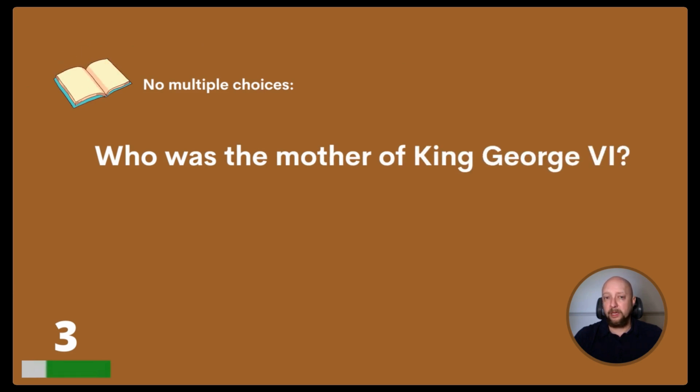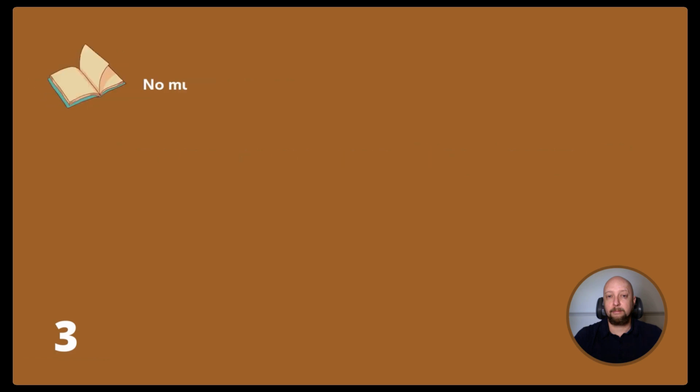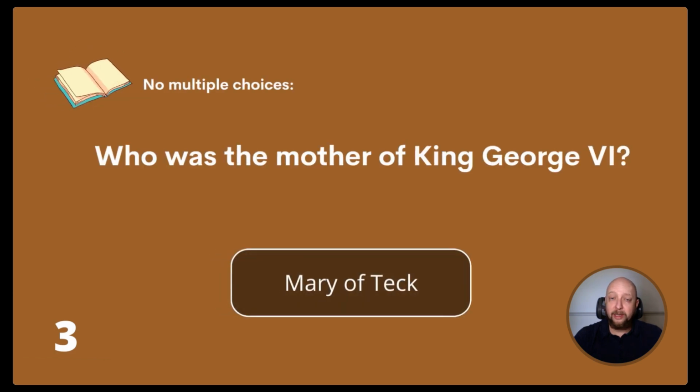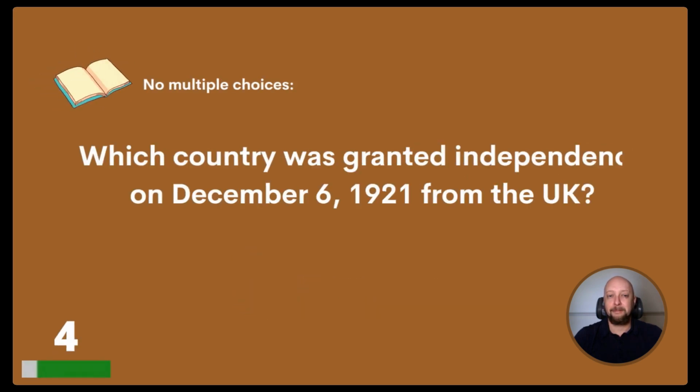Who was the mother of King George VI? If you said Marietta Tech, you got this one correct. Which country was granted independence on December 6, 1921 from the UK?